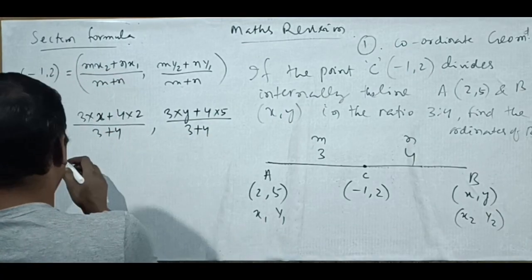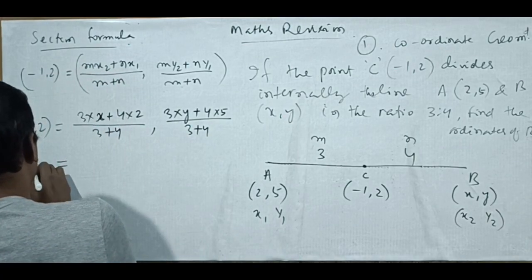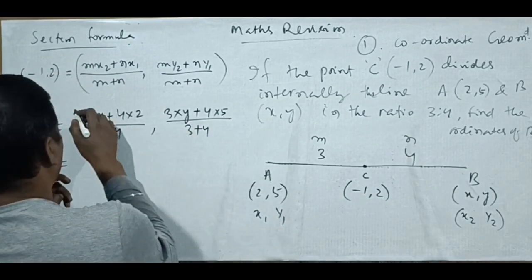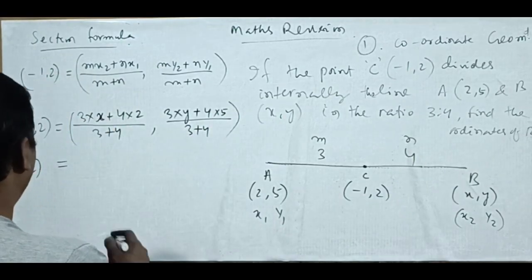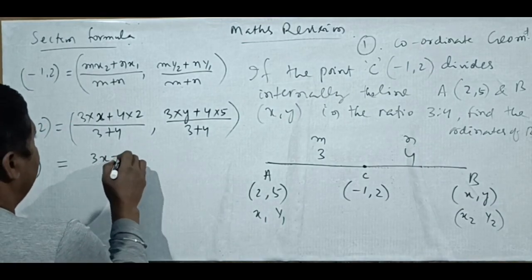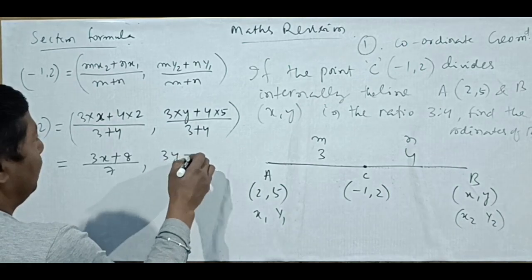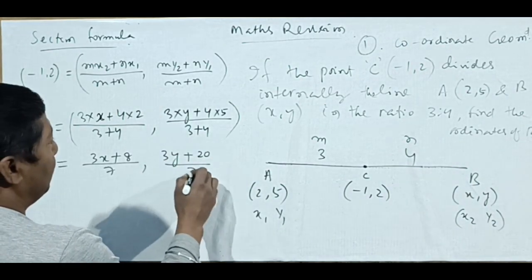So this value is equal to -1, and this value is equal to 2. So (3x plus 4 into 2, which is 8) by 7, and (3y plus 4 into 5, which is 20) by 7.